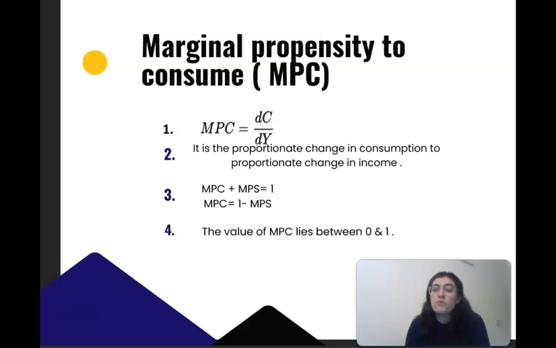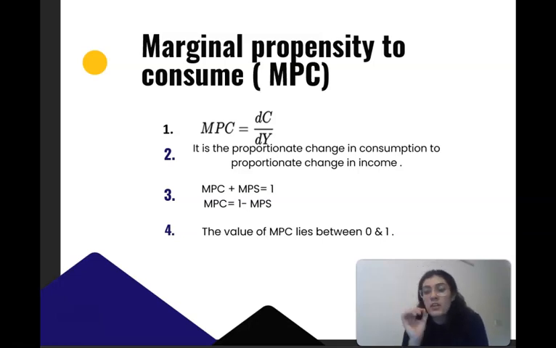If I want to know my MPS out of it, I can go the other way around also, as the formula says MPC plus MPS is equal to 1. So I'll do 1 minus MPC, that is 1 minus 0.2. So the MPS will be 0.8. That means out of my total increase in income, I'm spending 20% on consumption and 80% on saving.